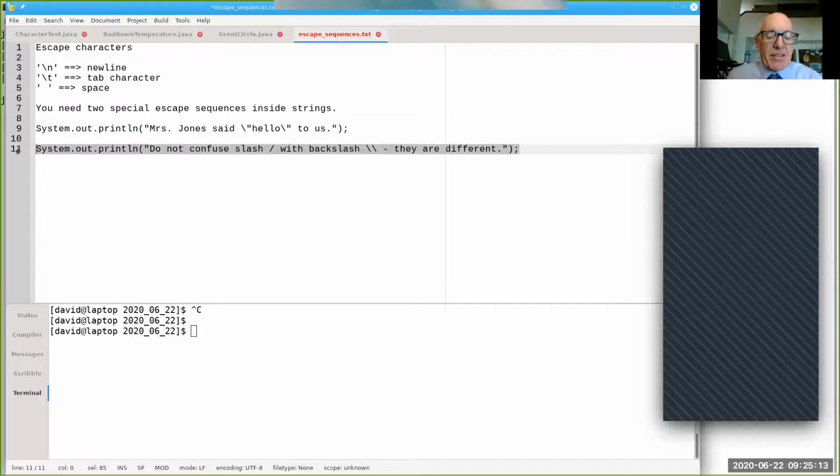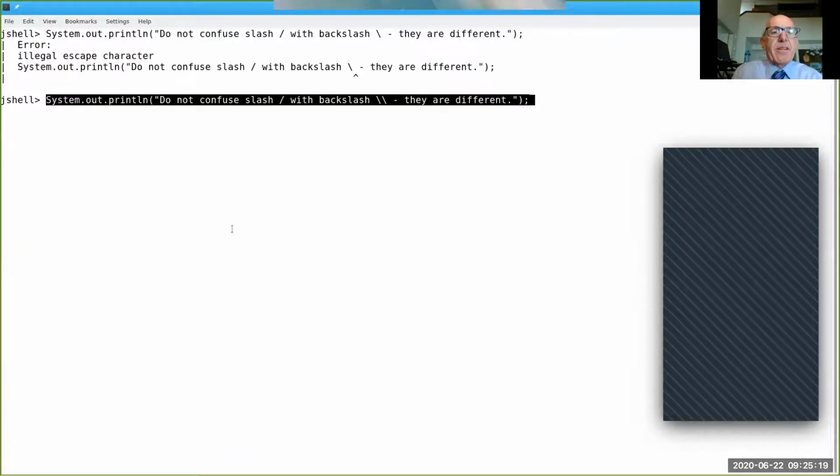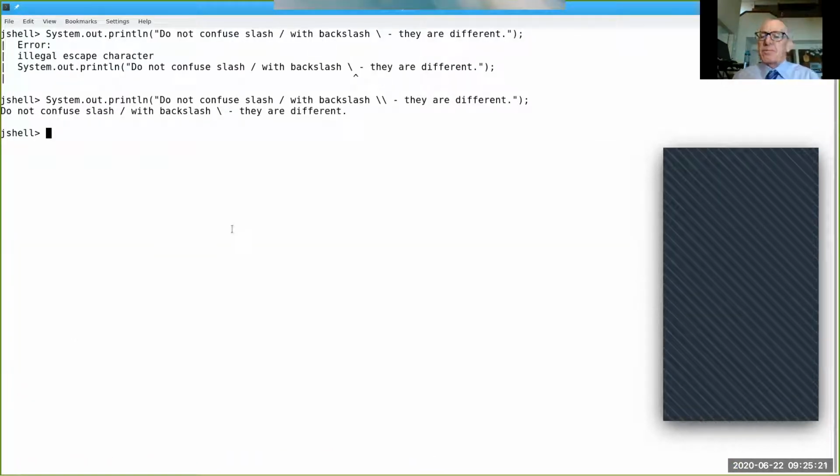And now if I take this and pop it in there, sure enough. Now the question is, what happens if I say System.out.println of Mrs. Jones said plus hello plus to us? I'm going to need blanks in here to separate the parts. Let's see what happens.